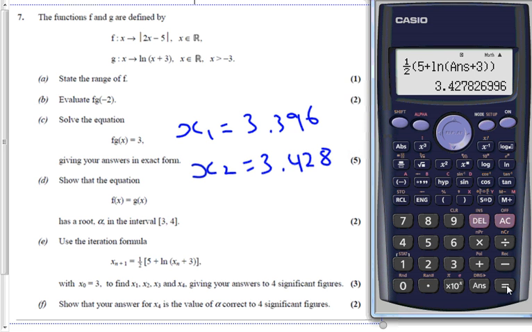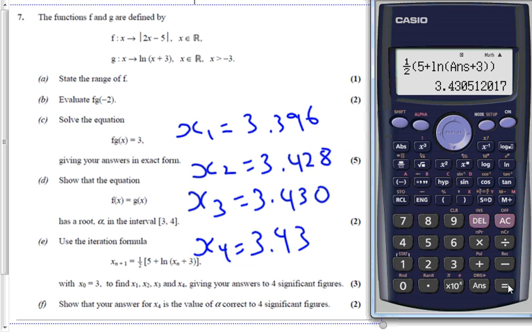And I want all the way up to x4. So again, if I press equal, x3 is equal to 3.430. And finally, x4 is 3.431.